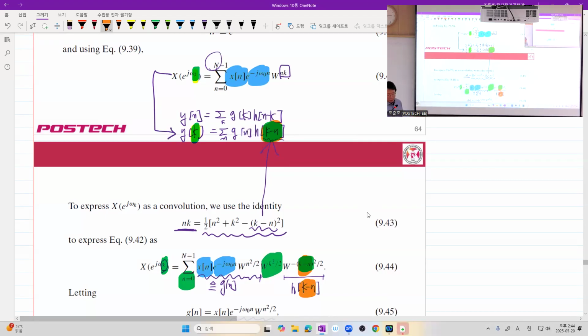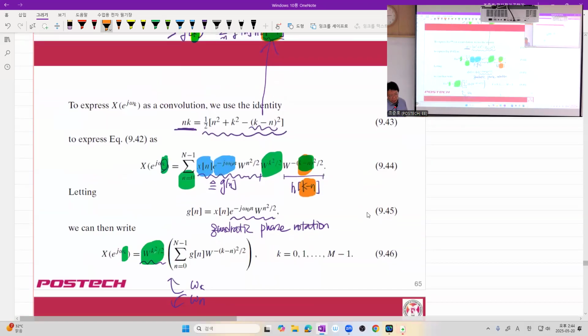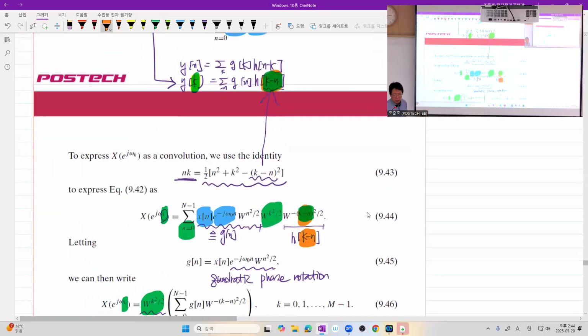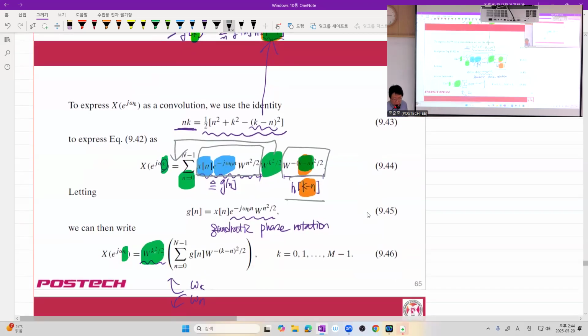Since we have defined this as G, factoring this out, and this as h sub k minus n, eventually we have what? We have here this one, which is the convolution of G and H. Be careful, still our time index is k.